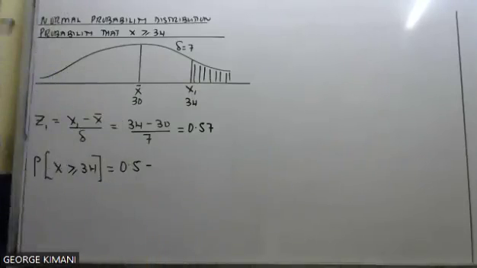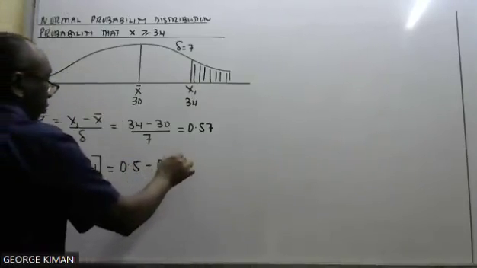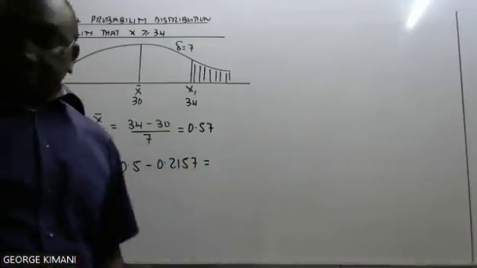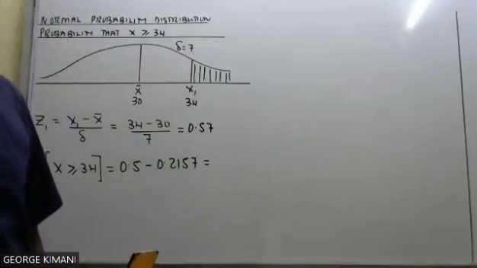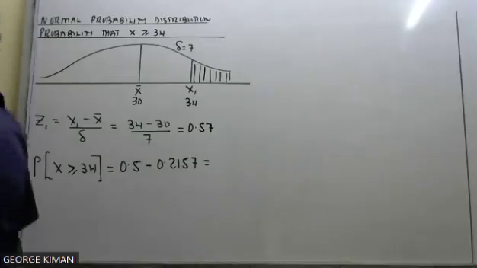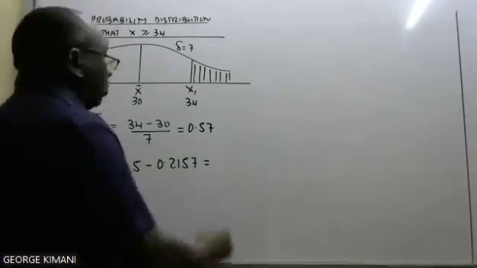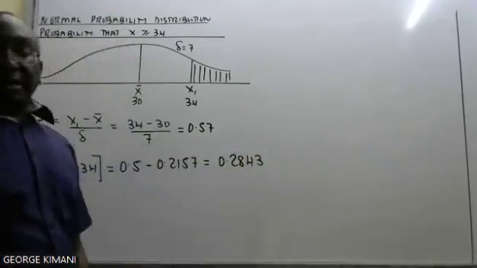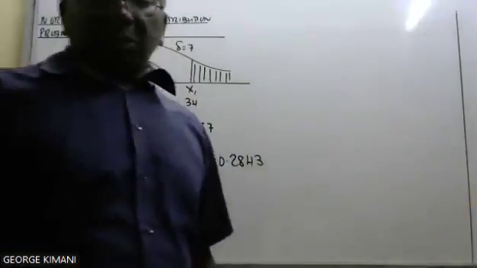Okay, 0.2157. So the answer is what? Good. 0.2843. So that is how to go about that. Let's proceed to the next question.